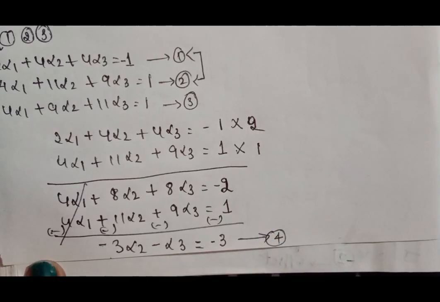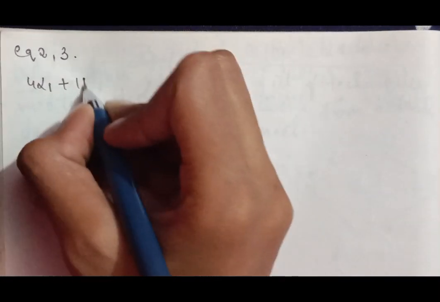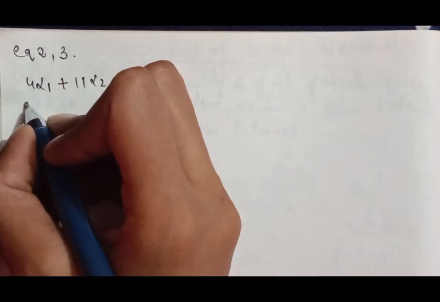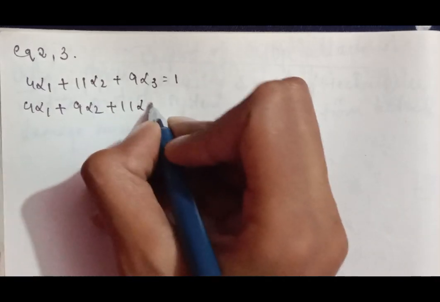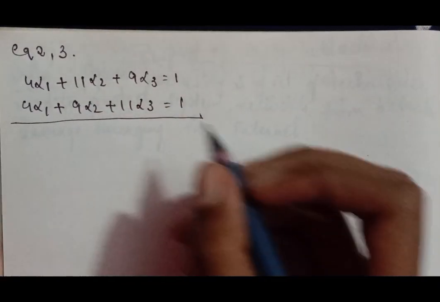Fine. Now by considering equations 2 and 3. Which are equations 2 and 3? 4 alpha 1 plus 11 alpha 2 plus 9 alpha 3 equals 1, and equation 3 is 4 alpha 1 plus 9 alpha 2 plus 11 alpha 3, which is equal to 1. Again, I need to cancel the terms.